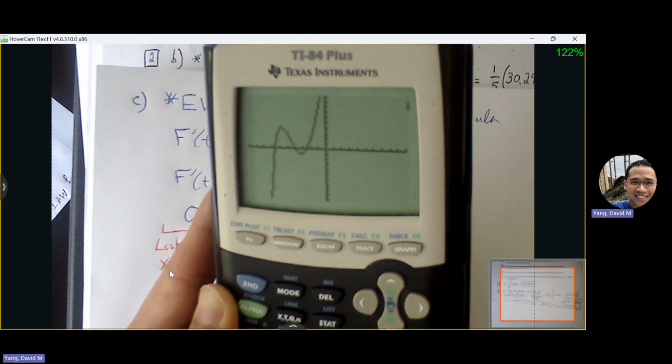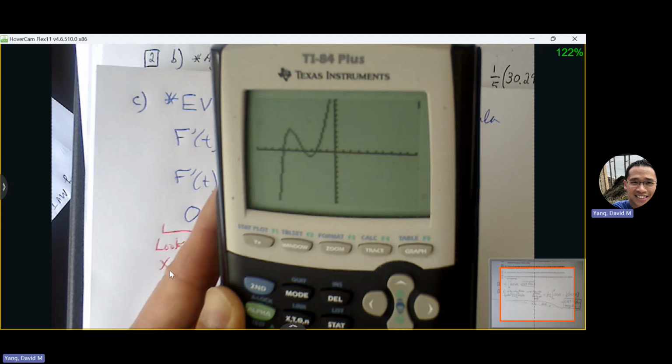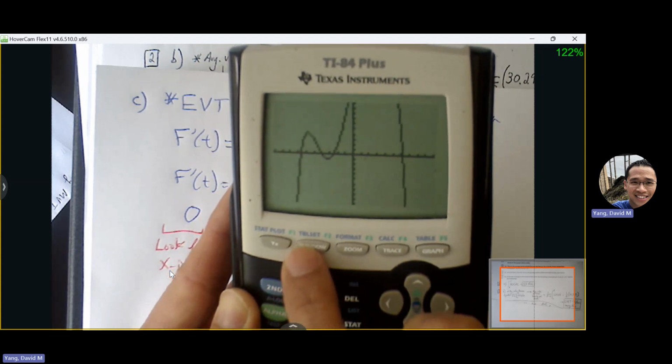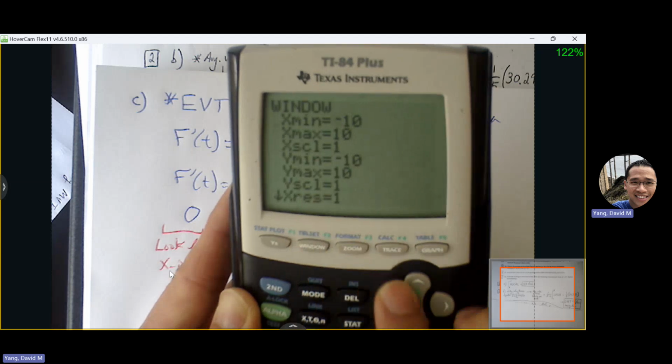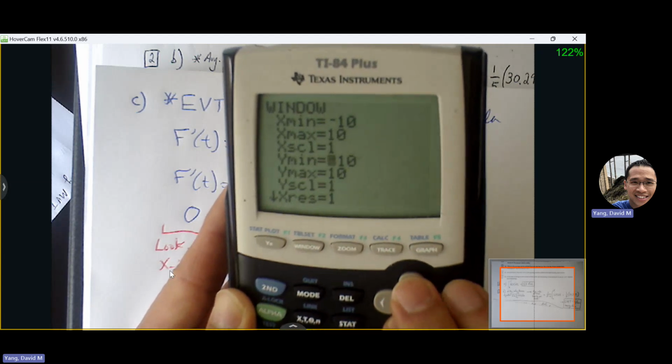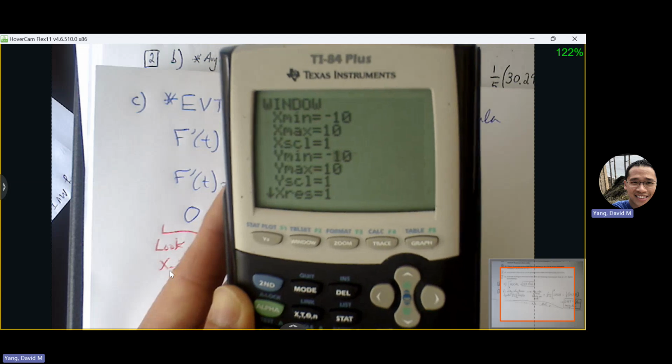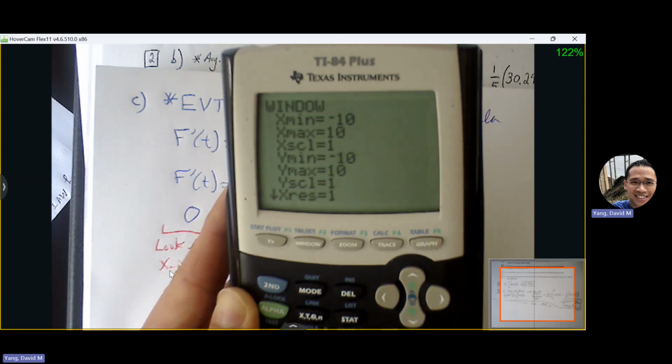All right. So again, if your graph is showing really vertical lines, then you probably want to go to your window and just adjust your y-min, y-max. In fact, I'm still going to do that. I see that the graph on the right is still a little sharp in terms of its slope.